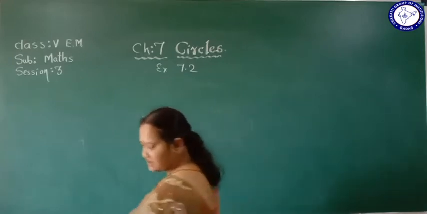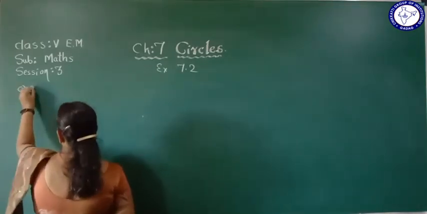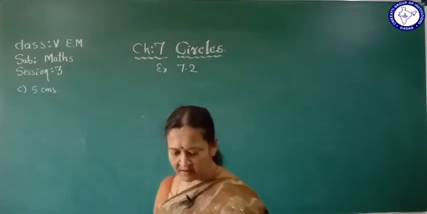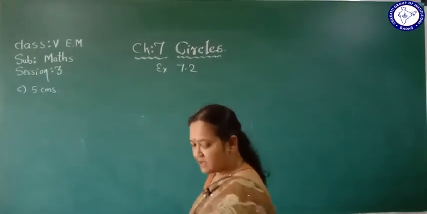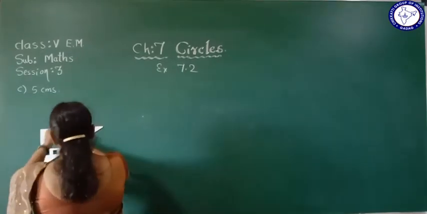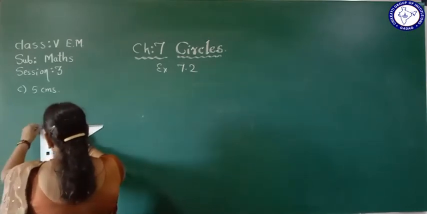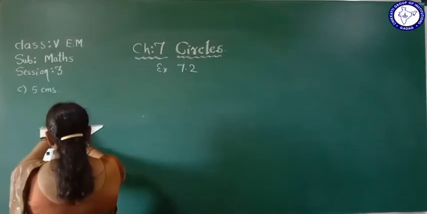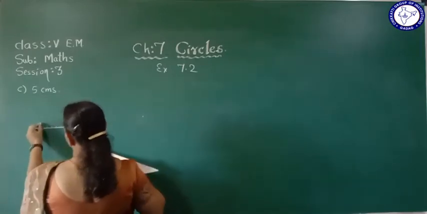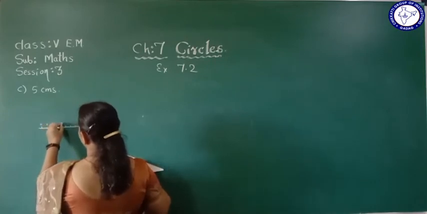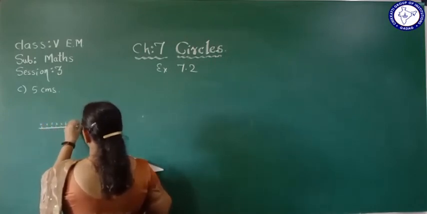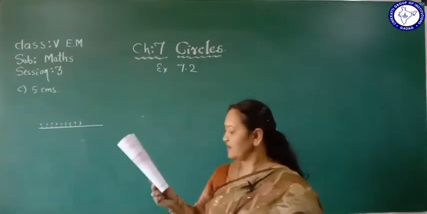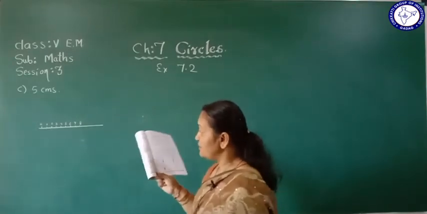Now let me go to C question. Here C question is 5 centimeter. Now check the scale, how a girl has kept on the scale. So here is 0, 1, 2, 3, 4, 5, 6, 7, 8. Then check the compass kept on the scale. Here the compass is kept on number 2.